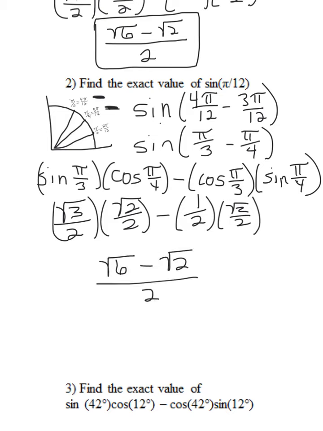Okay, so multiplying root 3 times root 2, we get root 6, minus 1 times root 2 is root 2, all that over our common denominator of 2. And that's our final answer for the sine of pi over 12.